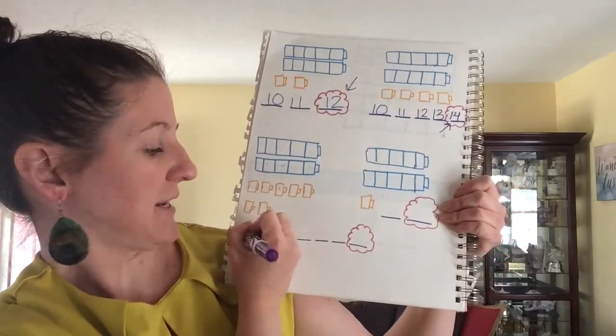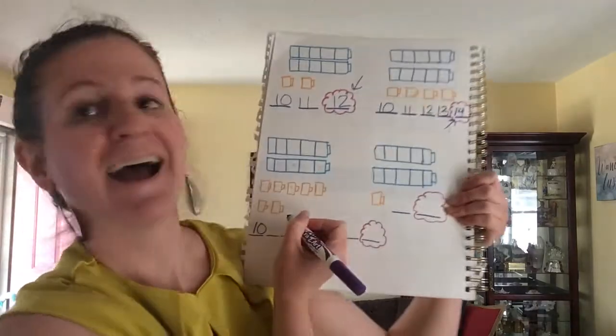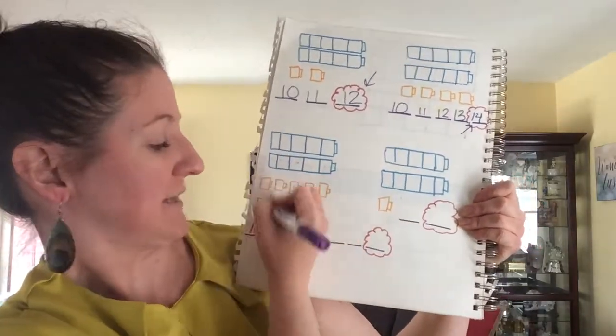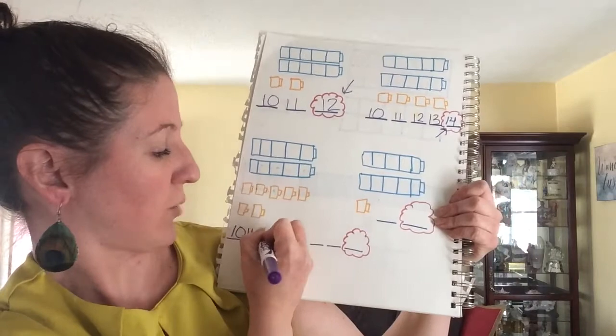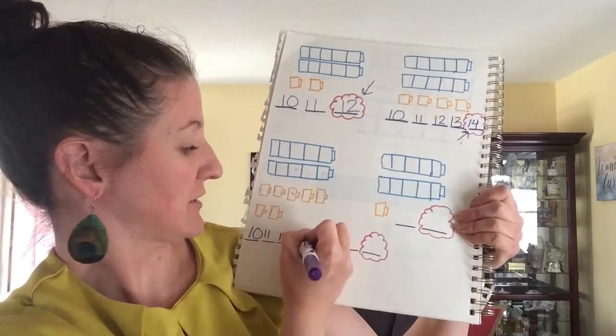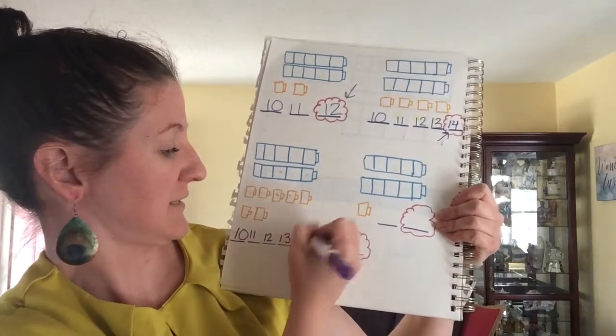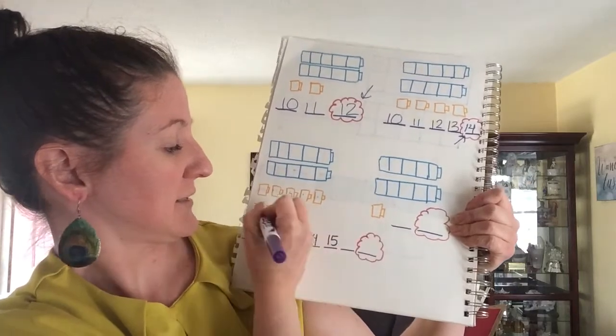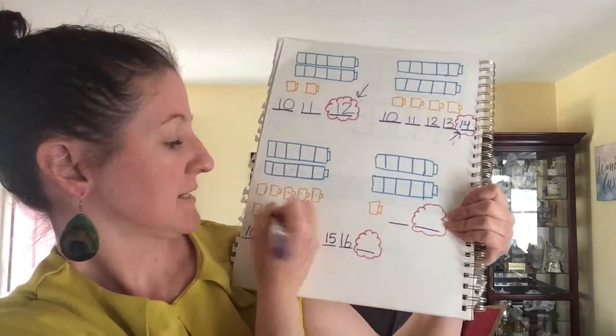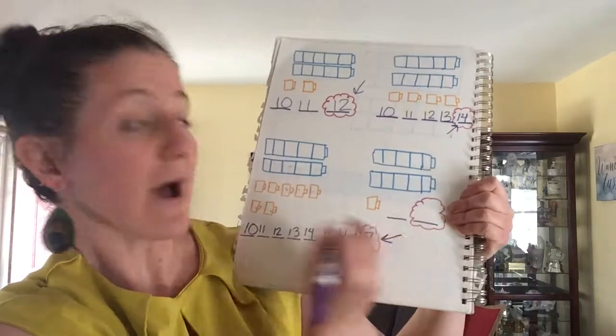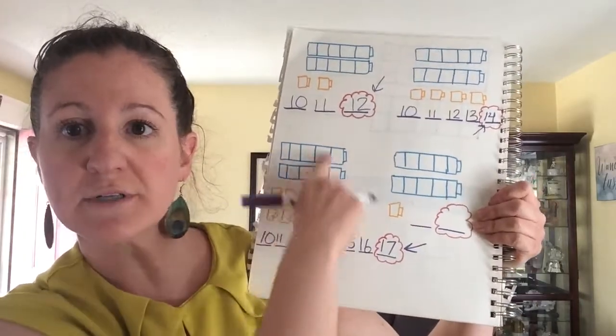So I'm going to write my 10 here, and I'm going to count on 11, 12, 13, 14, 15, 16, 17. So I have 17 total snap cubes here.